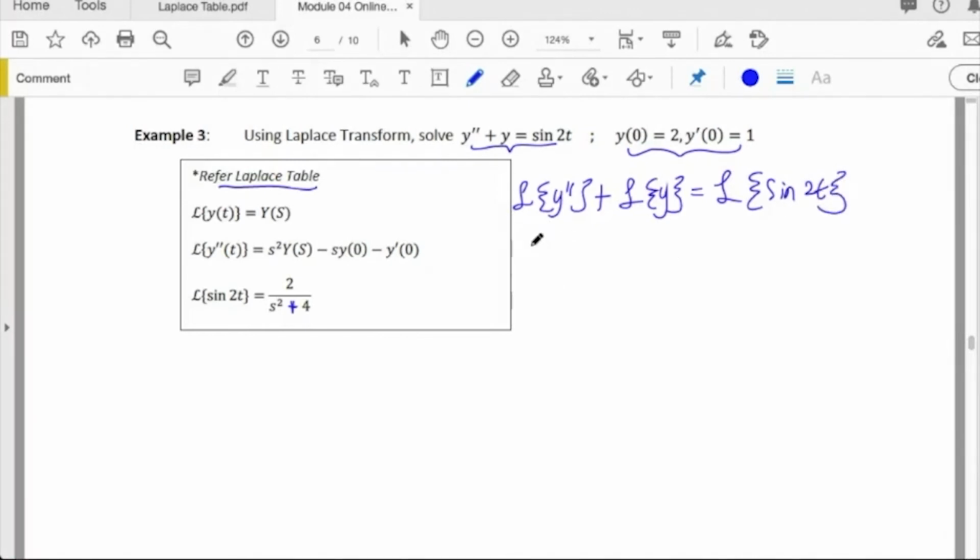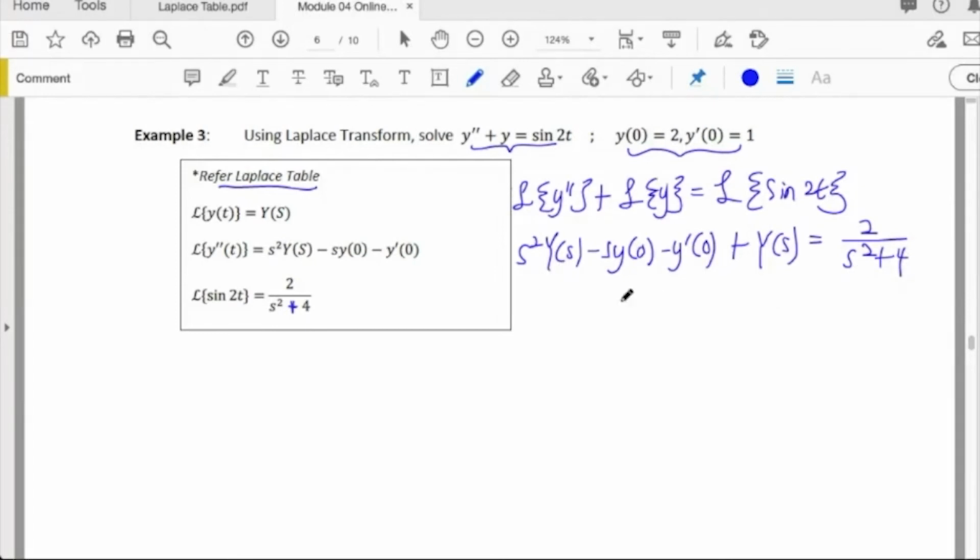Okay, so y double prime will give us s squared Y(s) minus s y(0) minus y prime(0) plus, so that one gives us Y(s), equal to 2 divided by s squared plus 4.